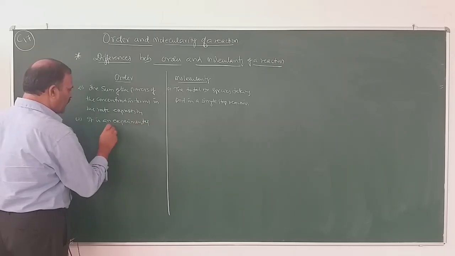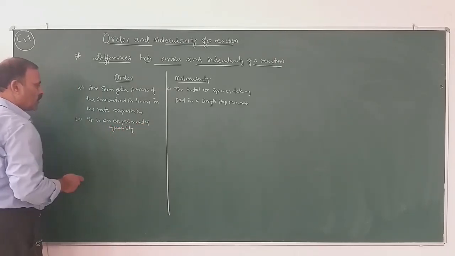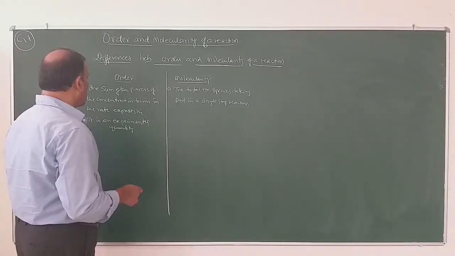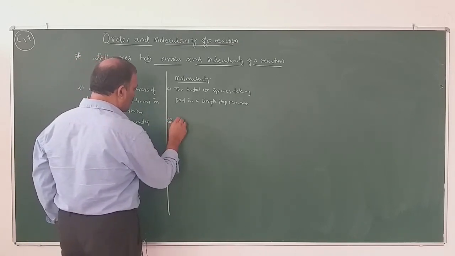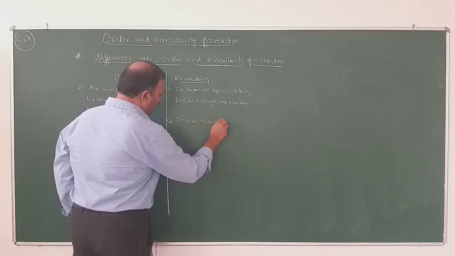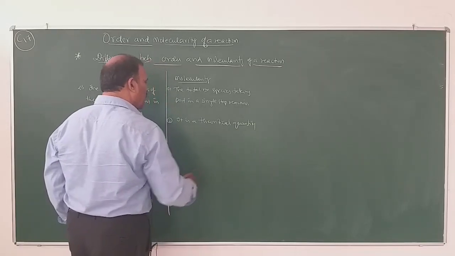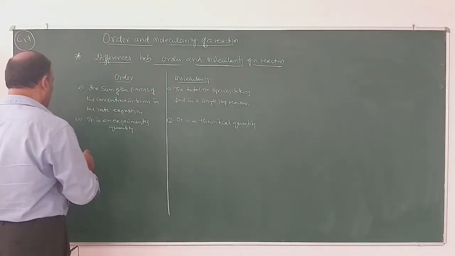Order can be determined only by experiment. We cannot say the order of the reaction by seeing the reaction. Whereas molecularity is a theoretical quantity, and it can be calculated by just observing the reaction.